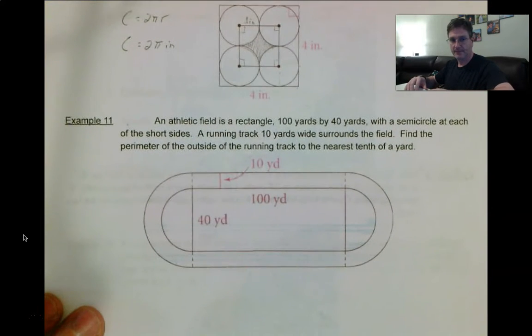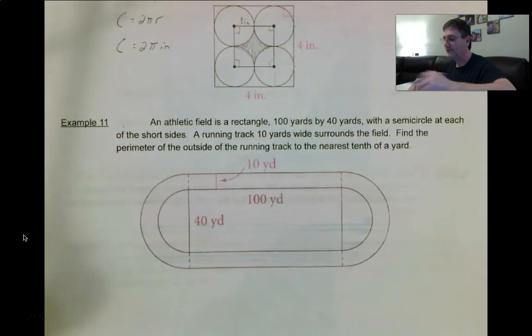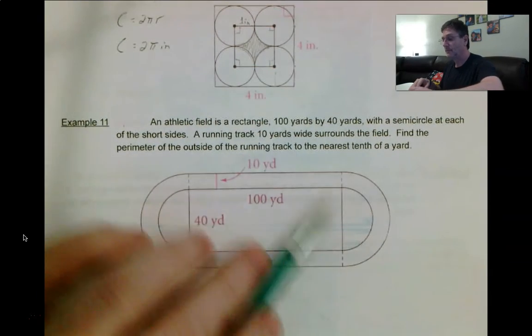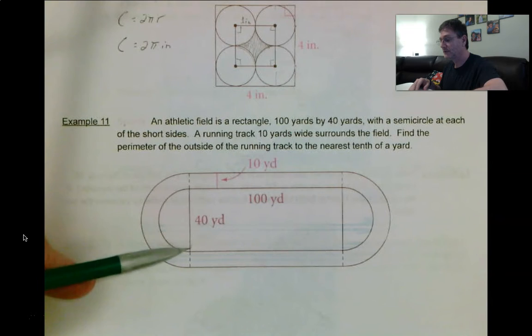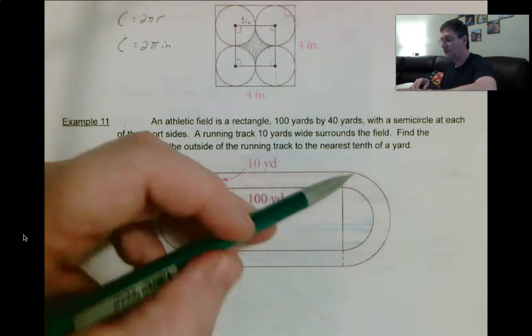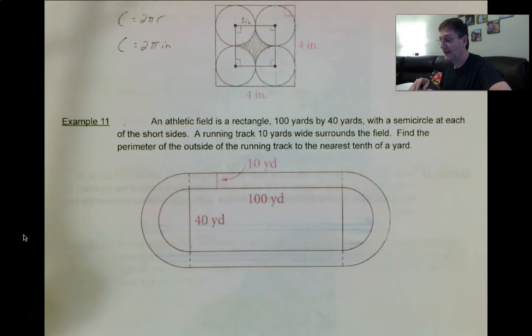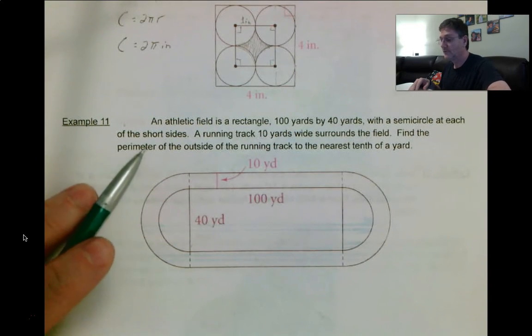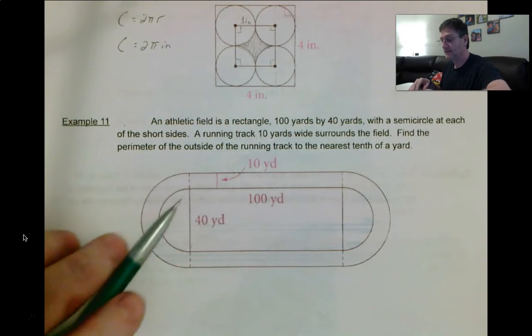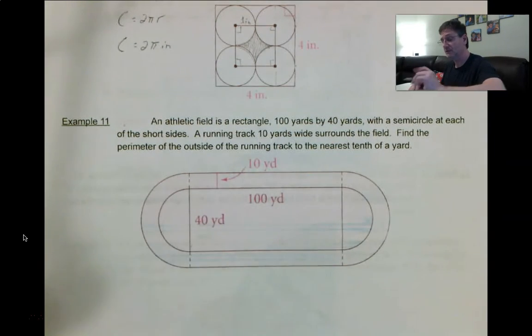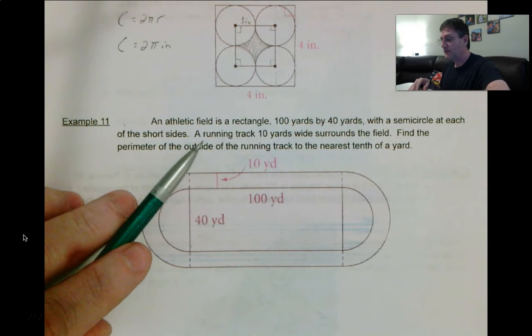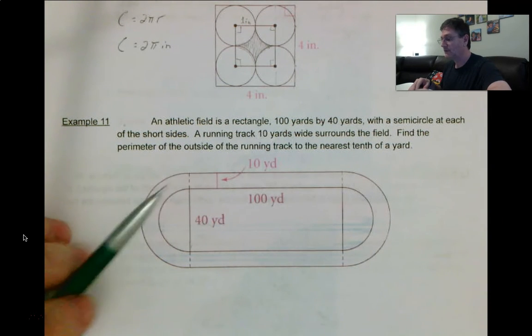Example 11. An athletic field is a rectangle, 100 yards by 40 yards, with 2 semicircles at each end, for the short sides of the track. This is a semicircle, this is a semicircle. A running track 10 yards wide surrounds the field.